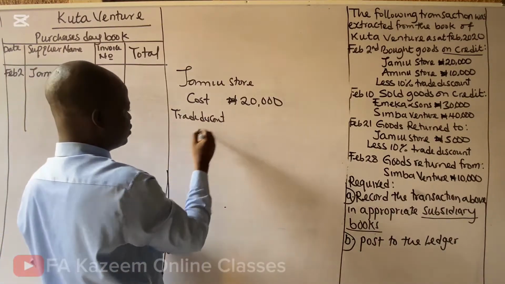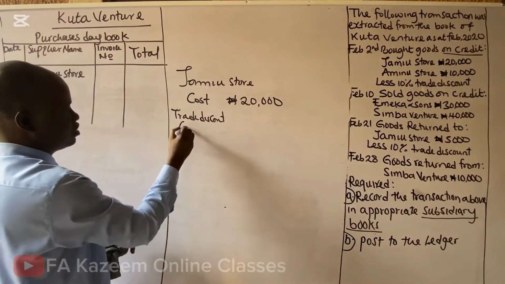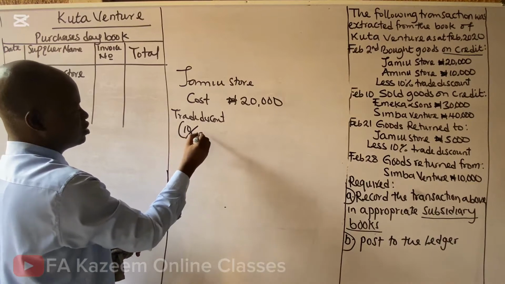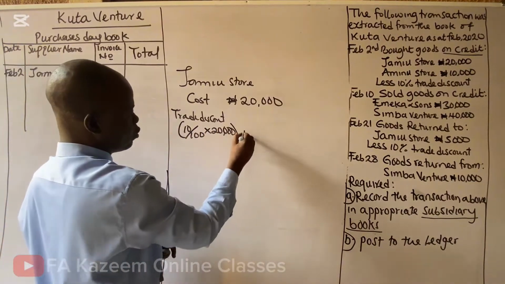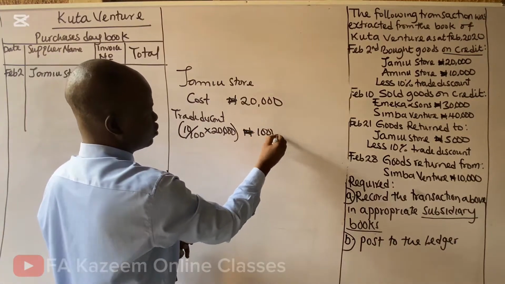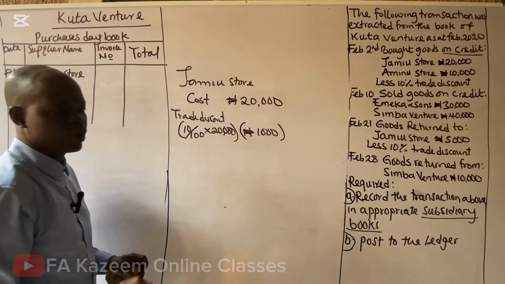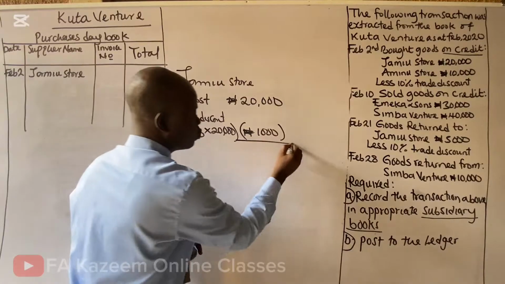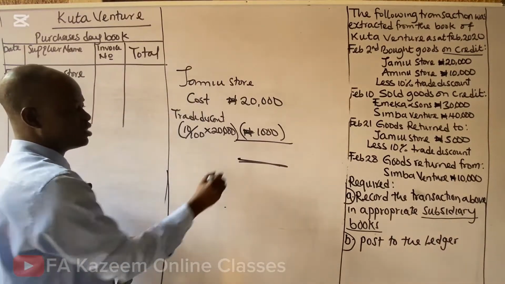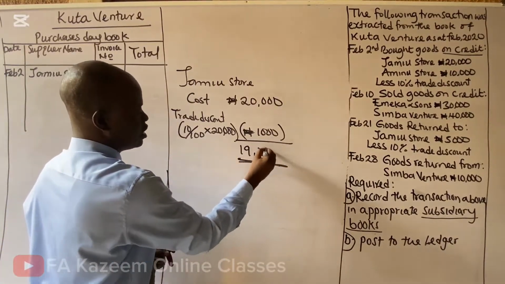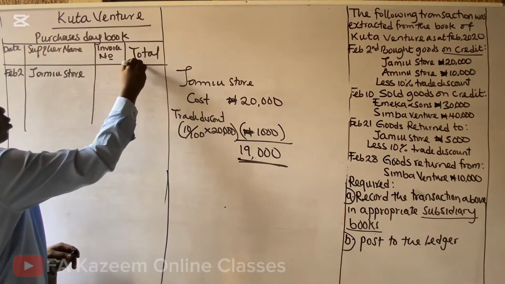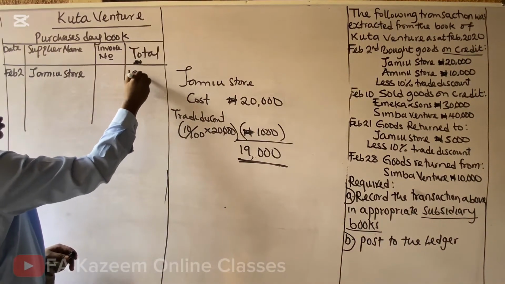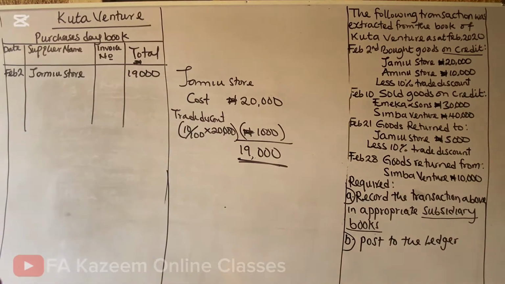Now, the trade discount is how many percent? 10 over 100 times 20,000. That will give us 1,000. Now, it's a deduction. We don't record trade discount. It's just a deduction. We minus the 1,000, meaning we have 19,000. Under the total column, we put Naira and put 19,000. That's how we arrive at the 19,000 for Jamil Store.